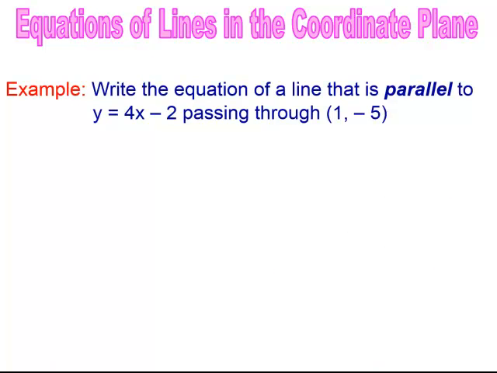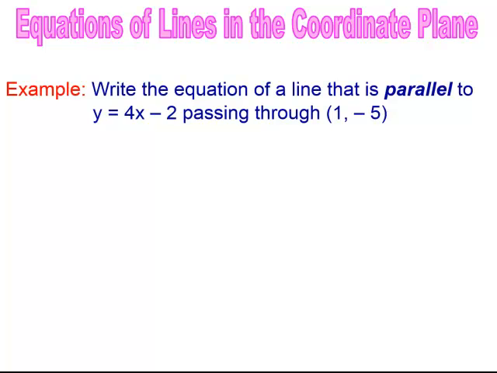So when you're asked to write an equation of the line that is parallel to a given equation, in this case y equals 4x minus 2, and passes through a certain point, in this case 1, negative 5, you need to understand that when you write an equation of a line, you need to have a slope and at least one point.